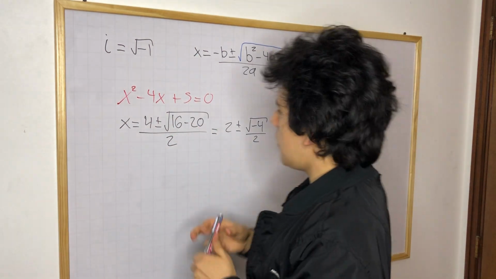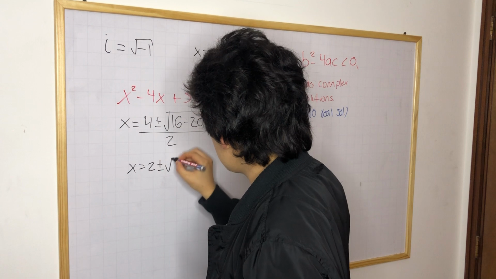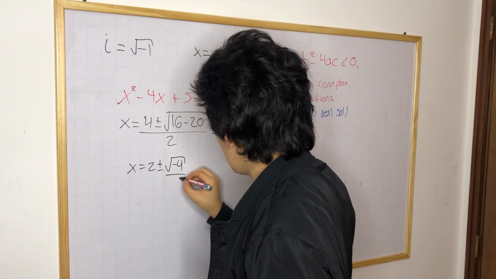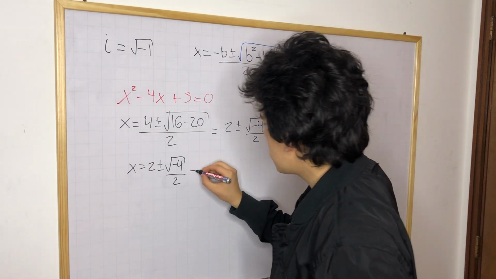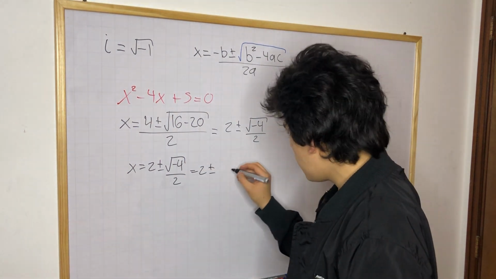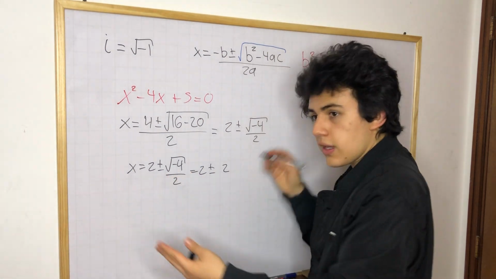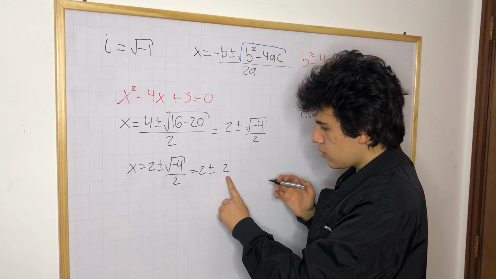Well, I'm going to write it again: plus or minus the square root of -4 over 2. Now, if you want to find this square root, you're going to do the following. You're going to grab the number that you see inside the square root, which is 4, and write whatever that square root is. The square root of 4 we know is 2, so you write the 2.